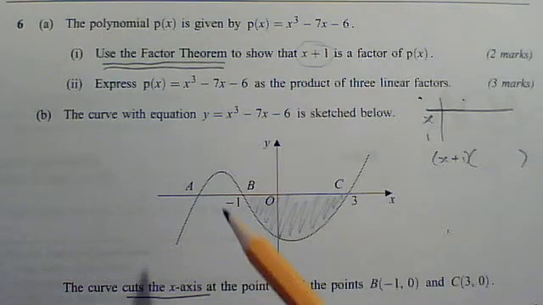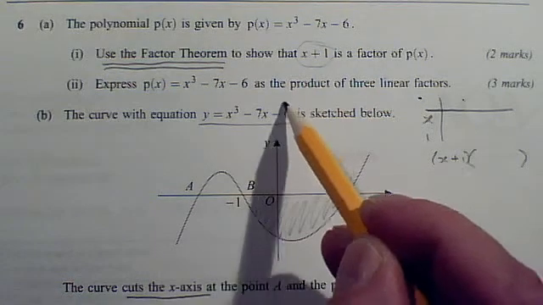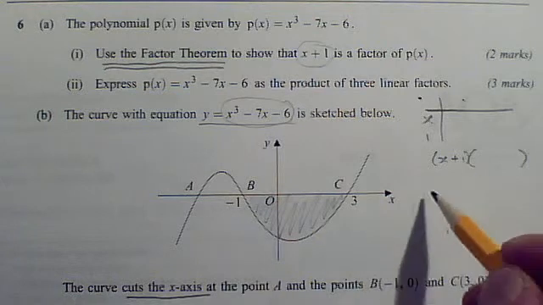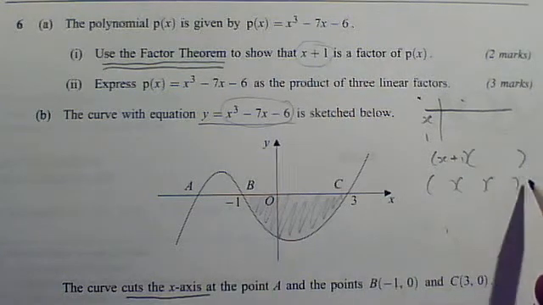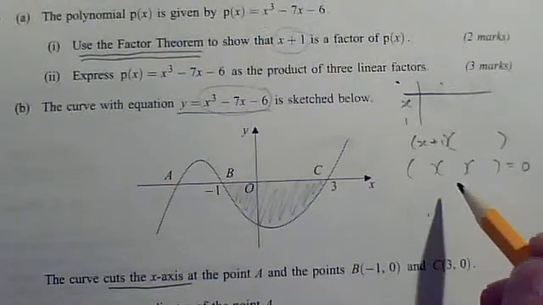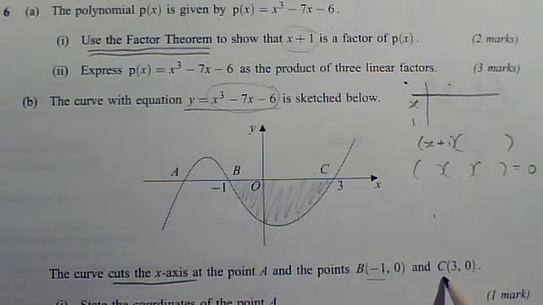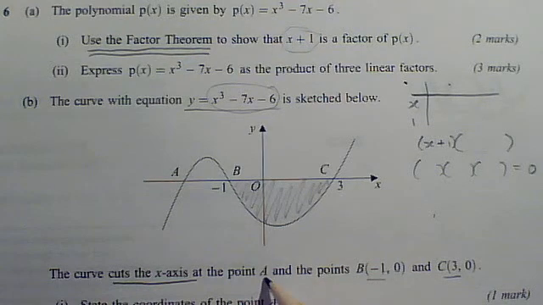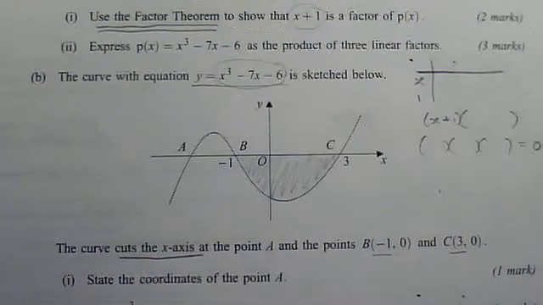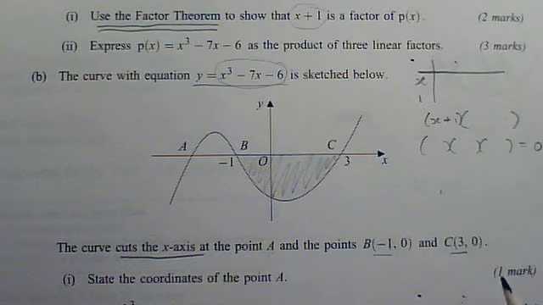Intersections with the x-axis are when y equals 0, and this thing will equal 0 when your product of your three factors equals 0, and so that gives you three possibilities leading to three x values. Two of them are just given to you on a plate, so you've just got to work out the x coordinate of A, and that is the marks you need. That's what you need for the 1 mark in B.